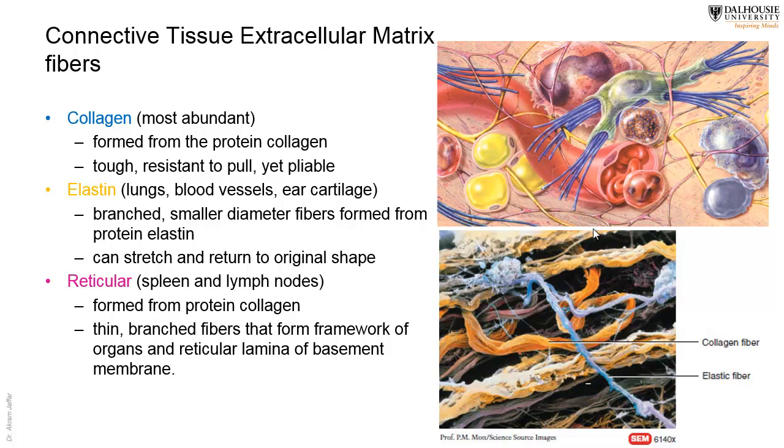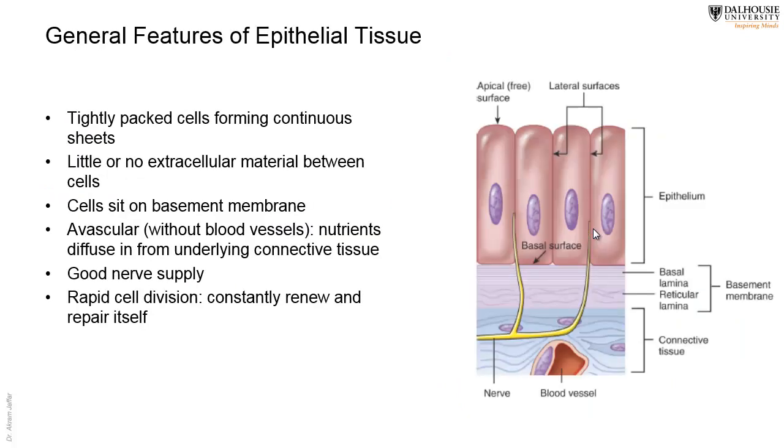The reticular fibers are very small, thin, tiny fibers. They are made of collagen, but they are very thin, and they are branched as well. The main function of these fibers is that they make a framework of some of the organs, like the spleen or the lymph node. Remember that we have seen some of these reticular fibers in the reticular lamina of the basement membrane.